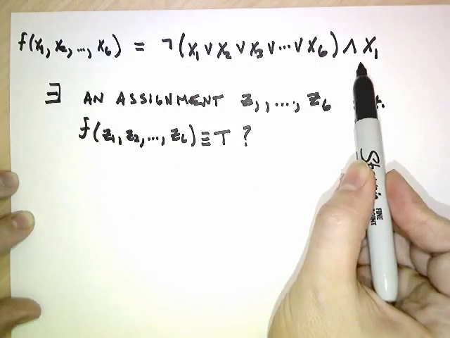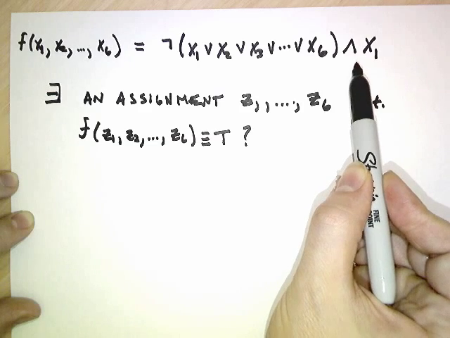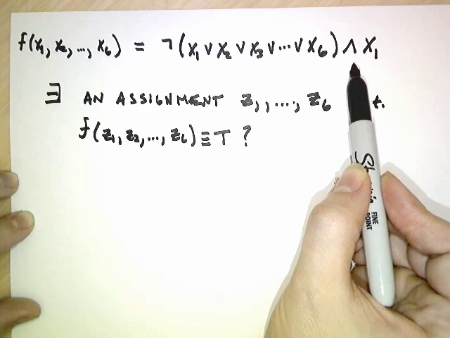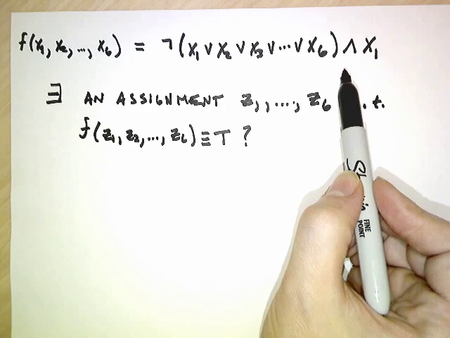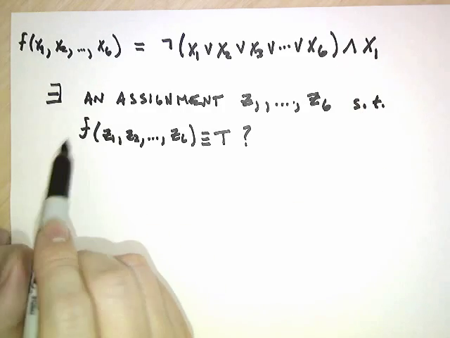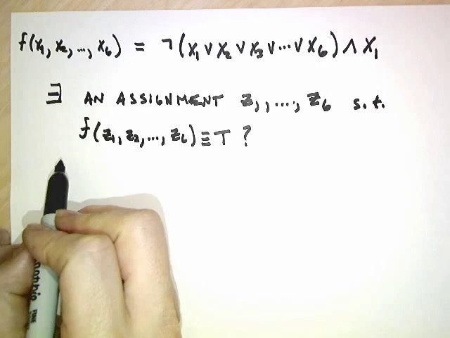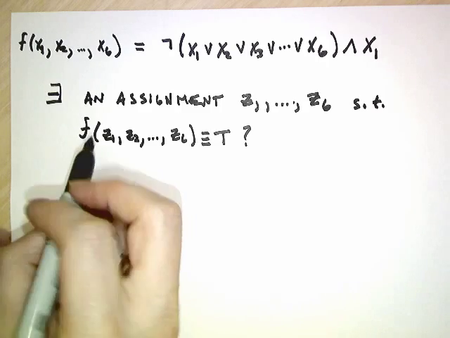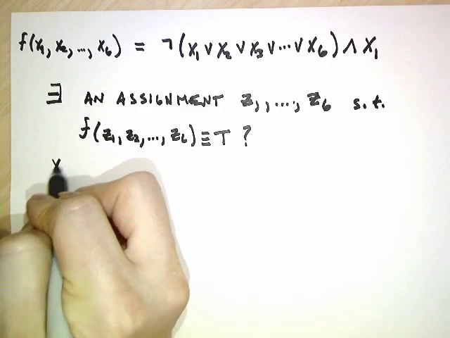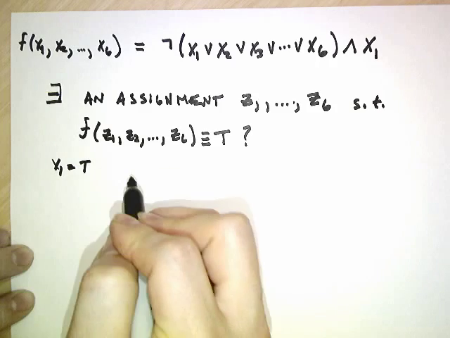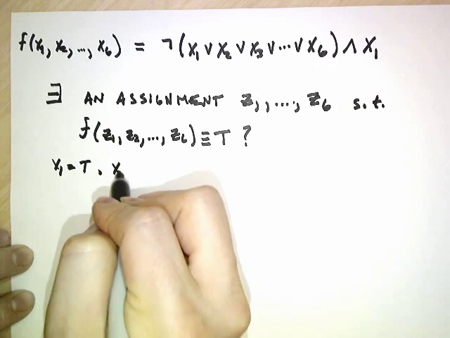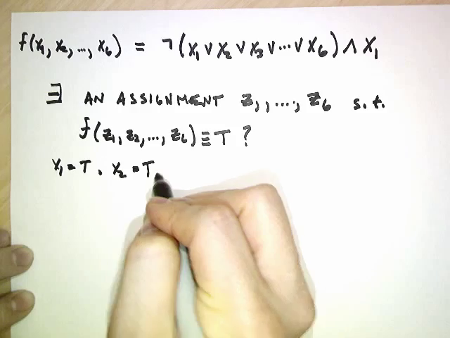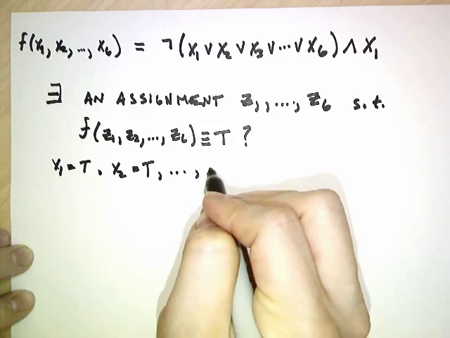Now this formula up here, we want to figure out, is it satisfiable or not? Can we find a satisfying assignment to the literals? Well, how do we do that? Well, one way would be to just sort of do trial and error. So how about assigning x1 to be true, x2 to be true? Well, heck, let's just assign all of them to be true.